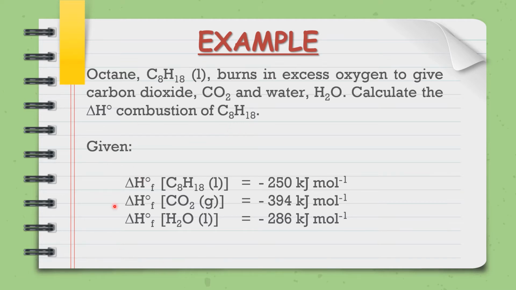Given the information here, you have delta H naught f, meaning standard enthalpy of formation, for our octane, for carbon dioxide, and also H2O. So now, how do we use all the information here to find the standard enthalpy change of combustion of our octane?